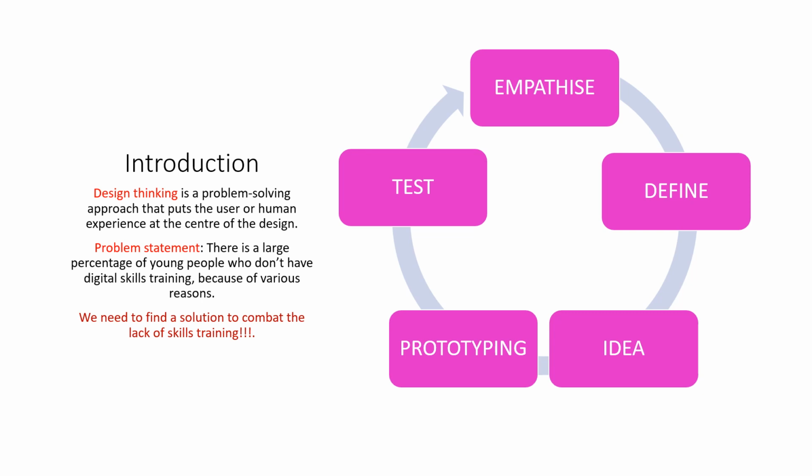Our problem right now is that a large percentage of young people don't have digital skills training, and we need to find a solution on how to combat this lack of skills.